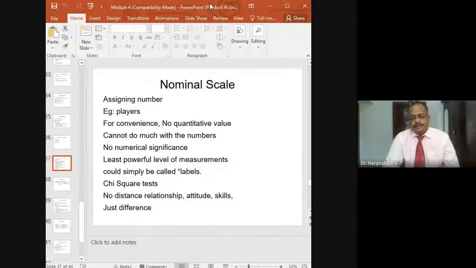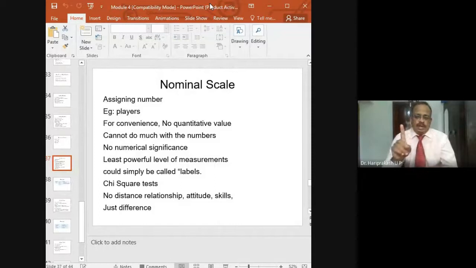So it is just a nominal scale, like giving numbers to the players. It may be cricket, football, hockey, anything. You see numbers, 1, 2, 3, 4, like that. It does not have any association with the performance of the players.